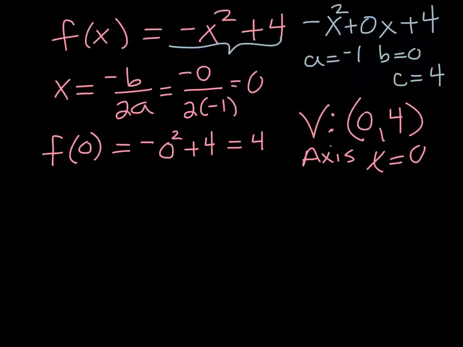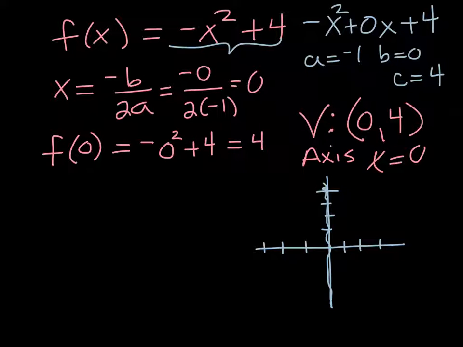So taking a look at this, we know that the y-axis is going to be an axis of symmetry, and at 4 we're going to have a vertex, and it's going to open down. Before I draw that, I might want to know, where is it going to cross the x-axis? That's called an x-intercept.